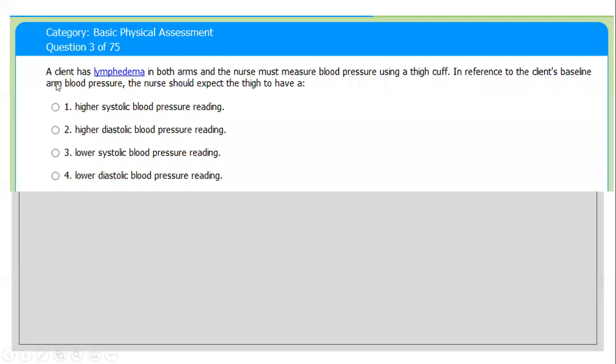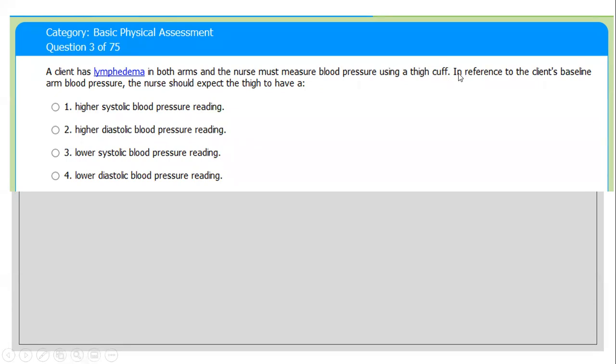Next question here. A client has lymphedema in both arms, and the nurse needs to measure blood pressure using a thigh cuff.